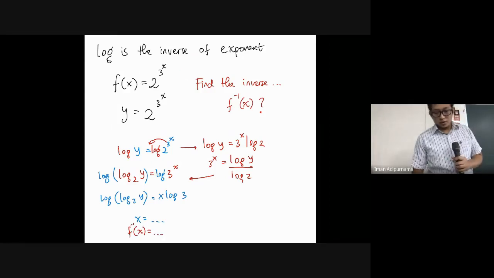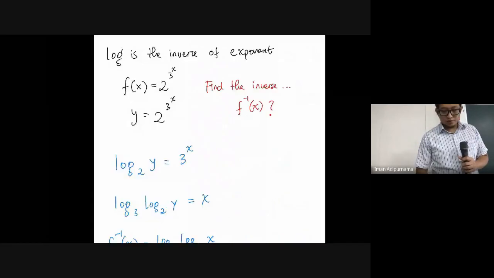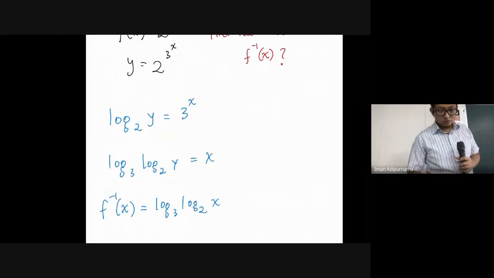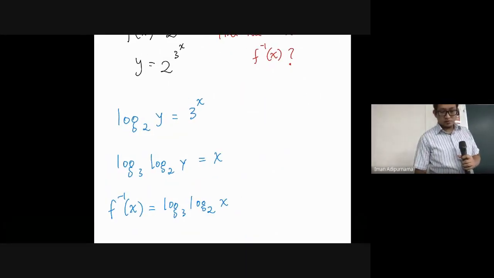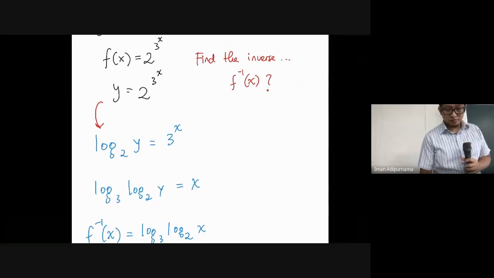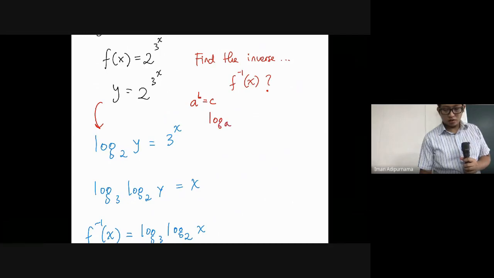Let me just give you the answer. By just using the property, you have a, b, c, log a of c is b.